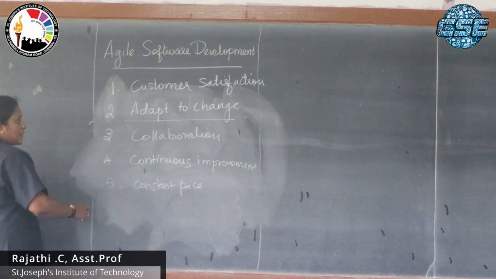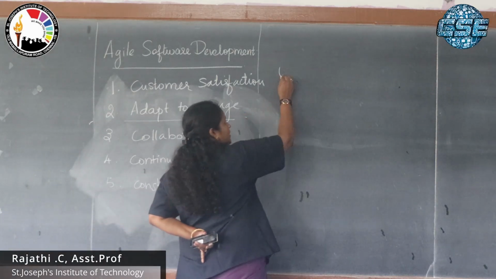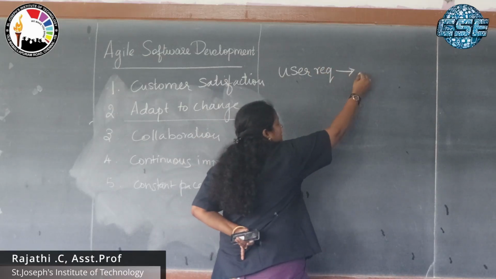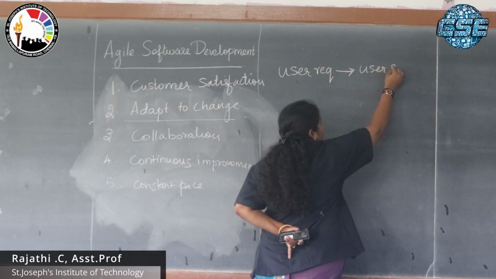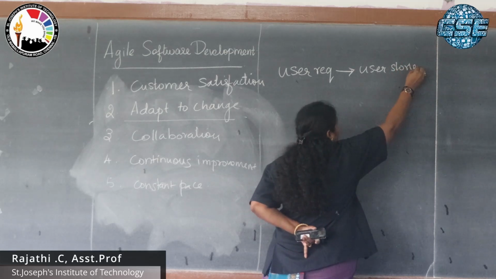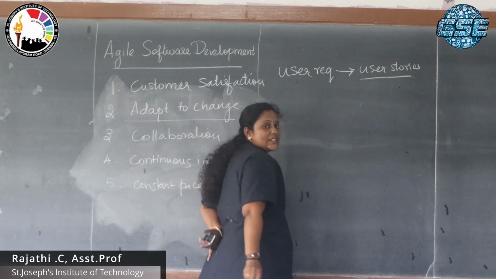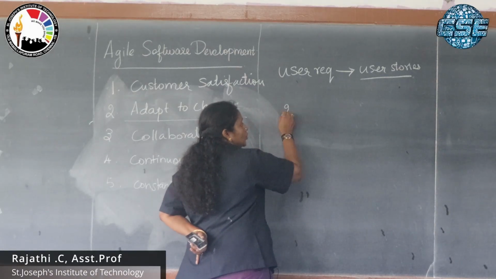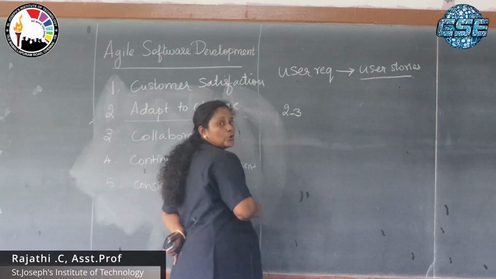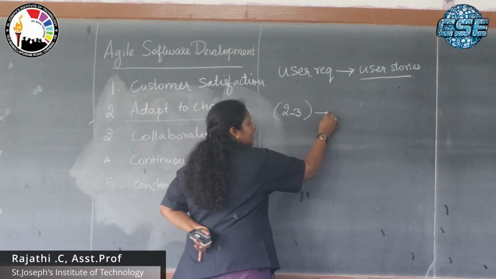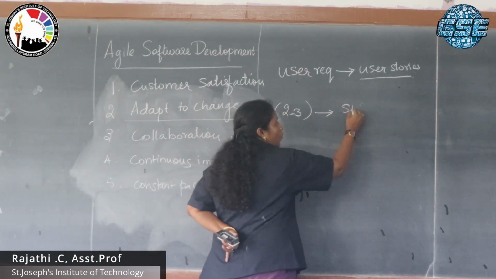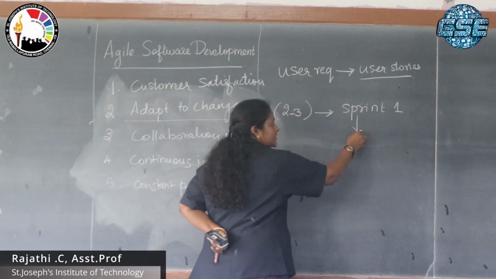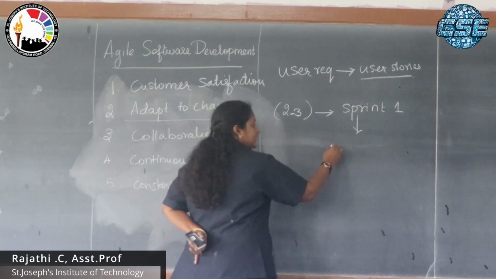Then the constant phase. In agile software development, user requirements will be gathered and formed as user stories. These user stories will be split into 2 to 3 stories, and those 2 to 3 stories are going to be implemented in sprint 1, right? So what is a sprint?